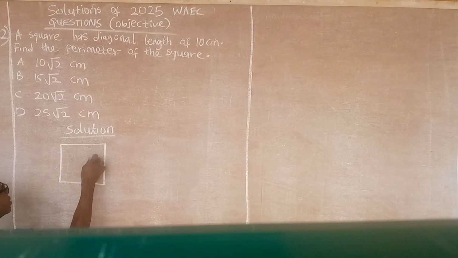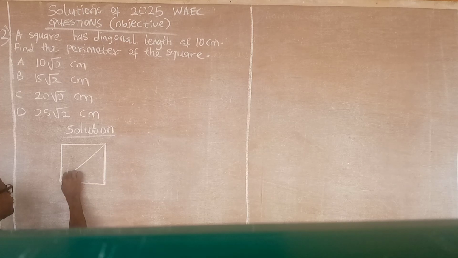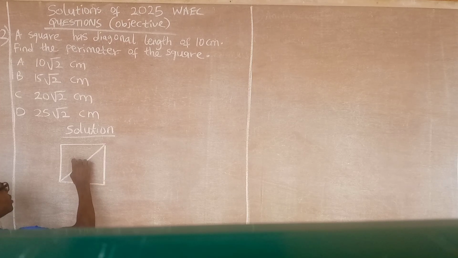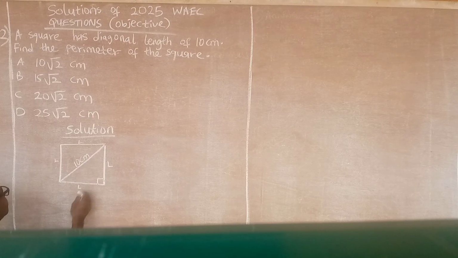This is a square. This is the diagonal of the square. The length of the diagonal is 10 centimeters. And these are the sides of the square.